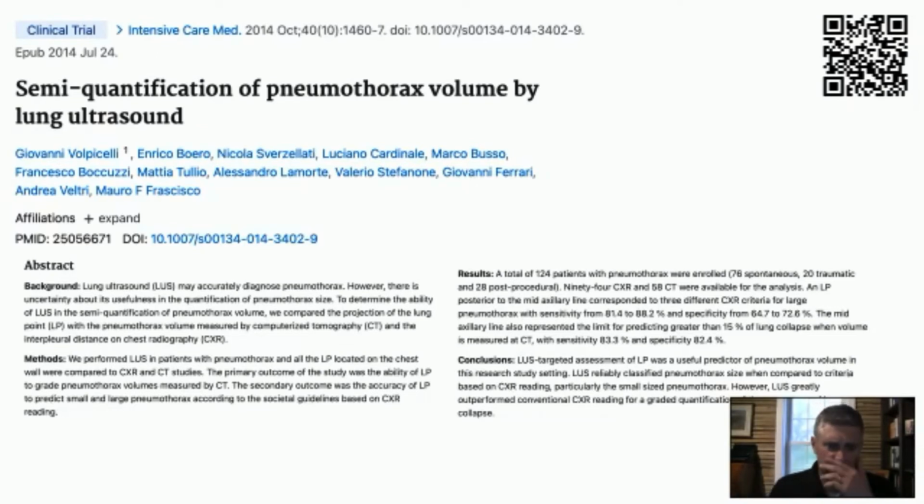And so this study basically was looking at a quantification of pneumothorax size using ultrasound, right? And what they found is that ultrasound compared nicely with chest X-ray and CT to evaluate the size of the pneumothorax. And there was another study. I don't have that other study here, but there's another study I've run across over the years that said, okay, fine, we're going to do an ultrasound and mark off where the lung sliding stops, right?